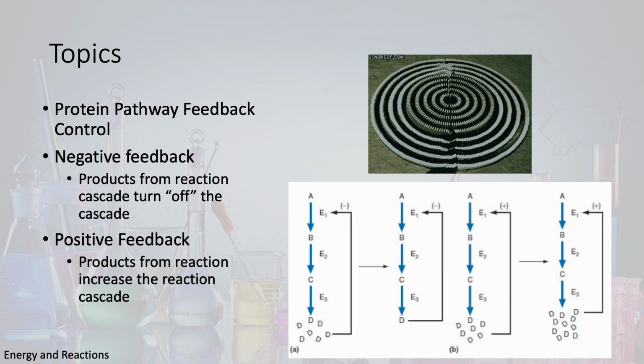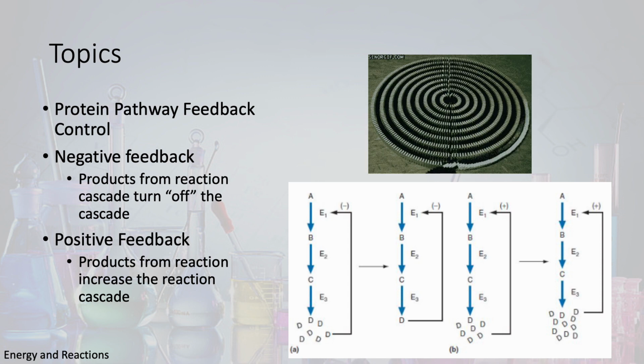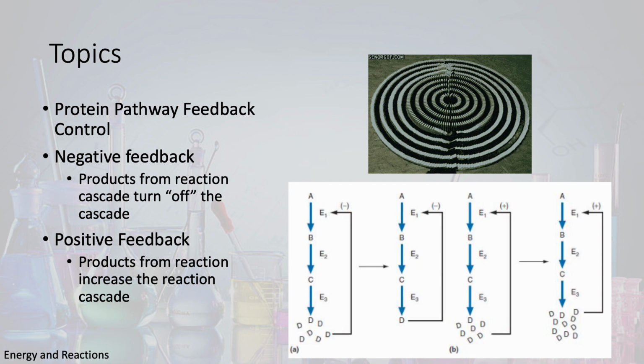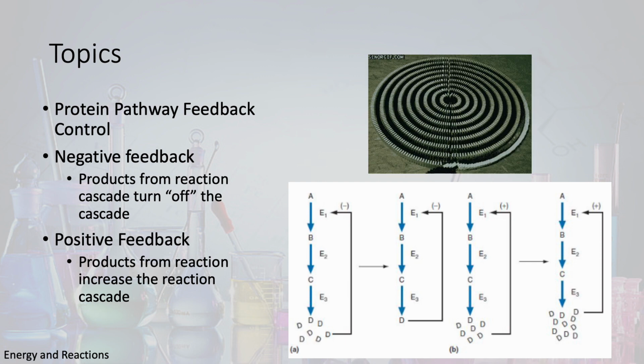But if the domino visual doesn't really help you with that, we have some cartoons down here, right? So on the left here, we have, say, enzyme or protein A, right? So we're going to pretend activation of enzyme or protein A activates enzyme or protein B. Enzyme 1 is going to react with reactant A, which will produce reactant B. Reactant B will interact with enzyme 2, et cetera, et cetera.